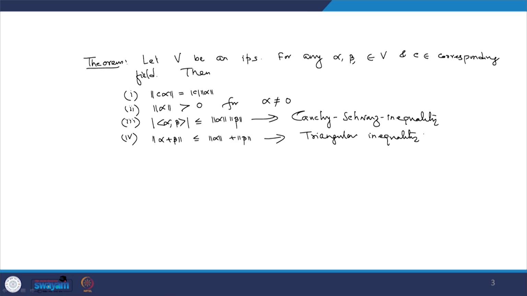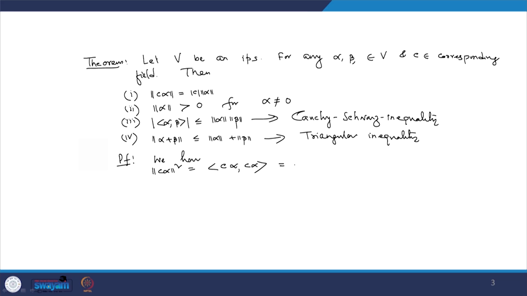So, in an inner product space V the following 4 axioms hold good. Let me prove them one by one. For the first one, we have norm of c alpha square, which is equal to inner product of c alpha, c alpha.